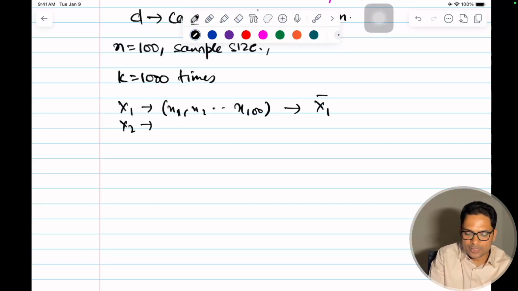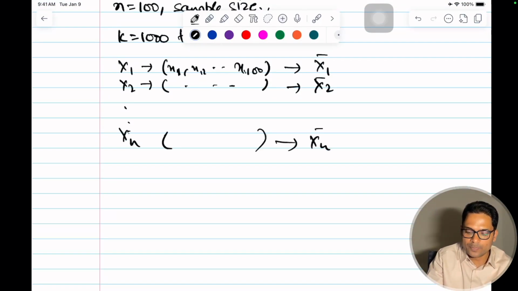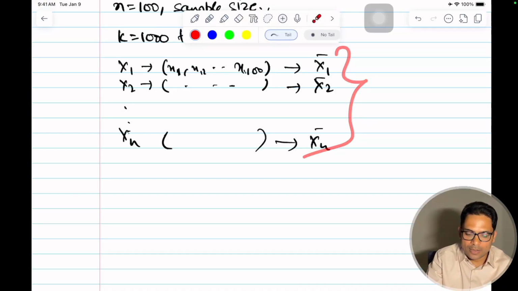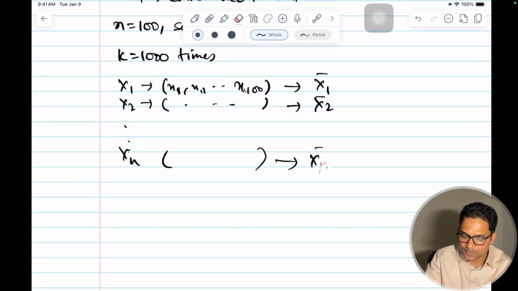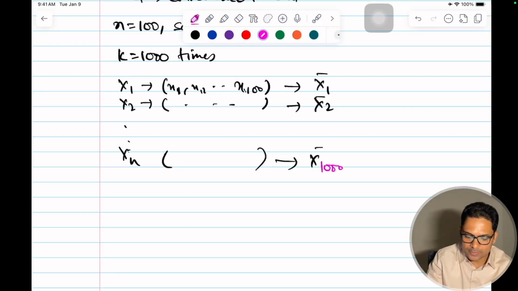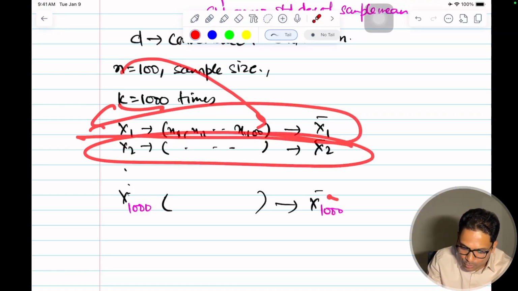Similarly for x2, this will be the sample, and from this I get x2 bar, and like this I have up to xk, again with 100 samples, and I get xk bar. So I have k data points here, and k is 1000. So n is 100 and k is 1000. I'm repeating the sampling 1000 times.